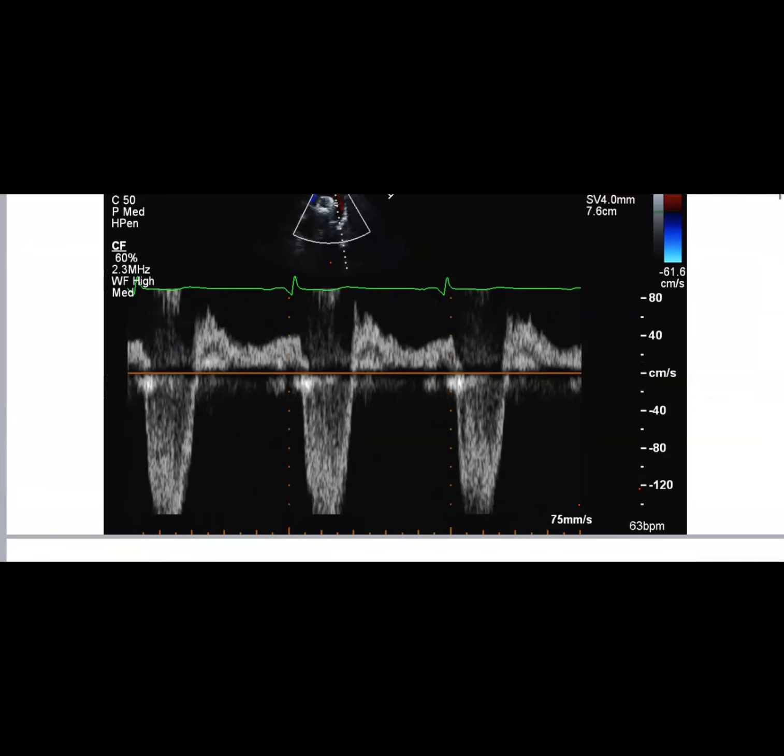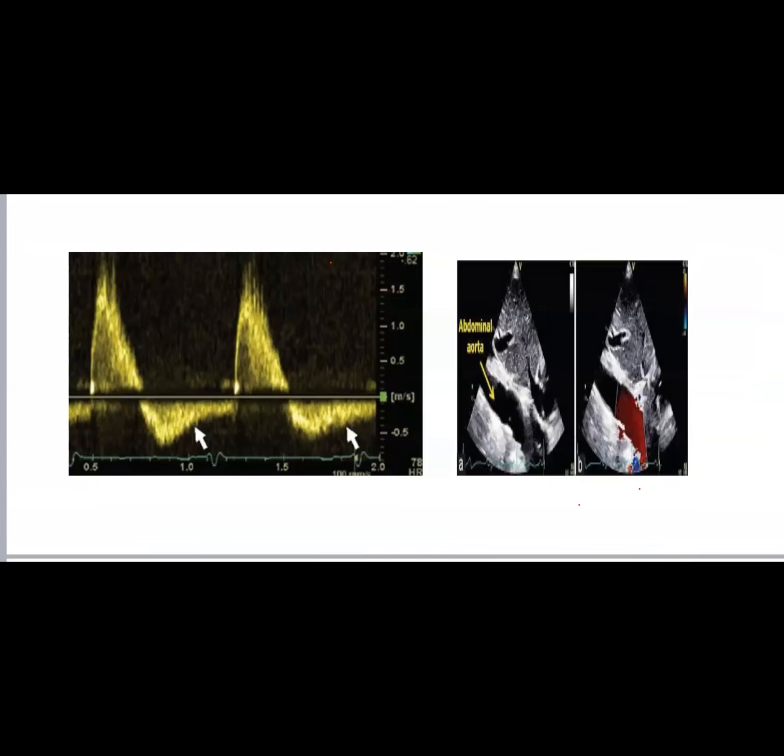Now, what about this one here? This is the abdominal aorta. And what I am seeing noted by the arrows is diastolic reversal. Exactly. If I demonstrate the reversal in the abdominal aorta, this is severe, probably without quantification.